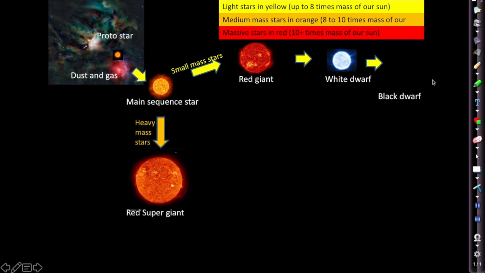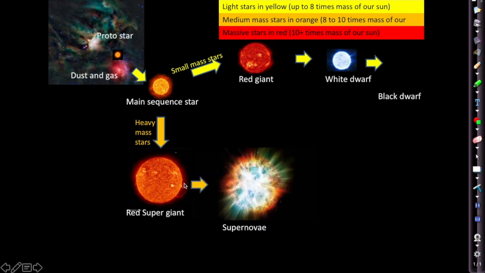Now we have other stars which are much more massive than ours. Now these ones, after being a main sequence star, after burning up most of their hydrogen into helium, the heavy mass stars would then form a red supergiant. So a giant again, but this time a supergiant because they're very special. And these ones, once they've used up the last of their fuel, will collapse inwards really rapidly.